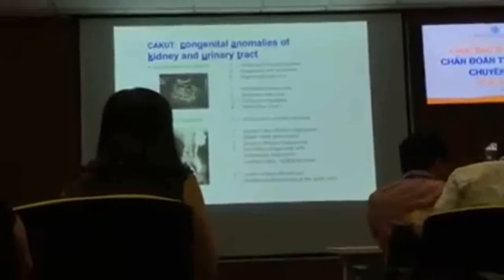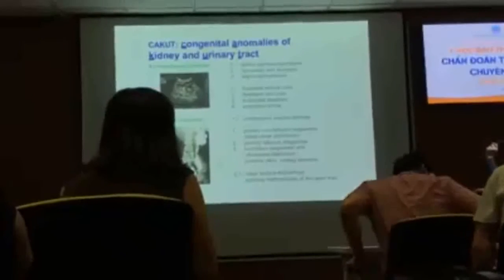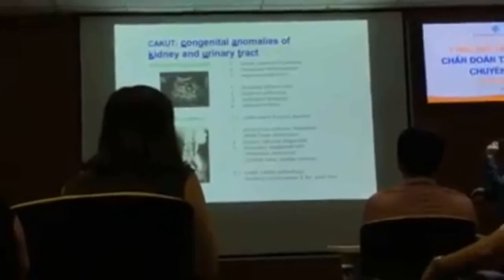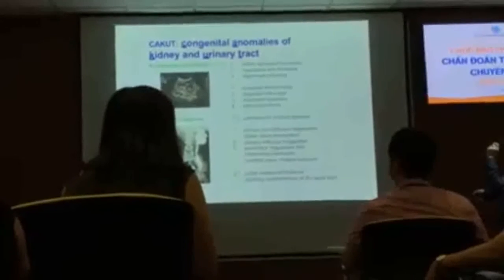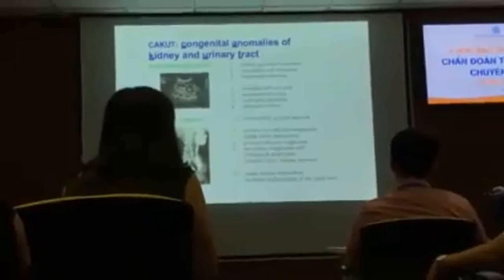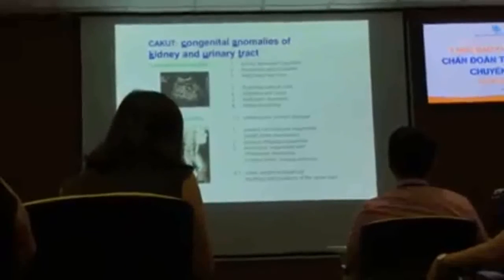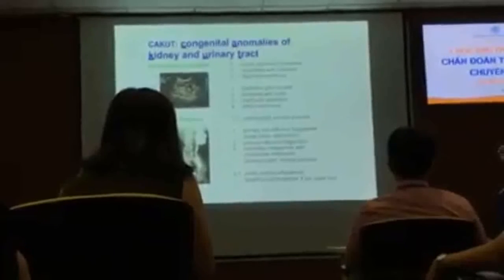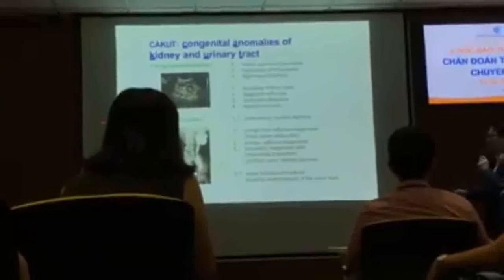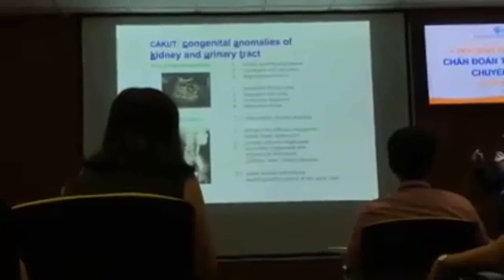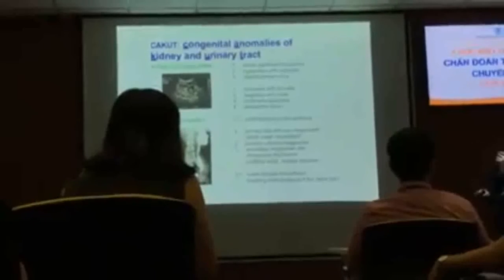And secondary megaureter with infravesical obstruction, which is urethral valve here, and meatal stenosis, which can induce bladder outlet obstruction, which is called LUTO. In this case, with bladder obstruction, you need to do fetal therapy. This is the only indication for fetal therapy. For the others, no. You cannot put the needle into the kidney. It is not allowed.